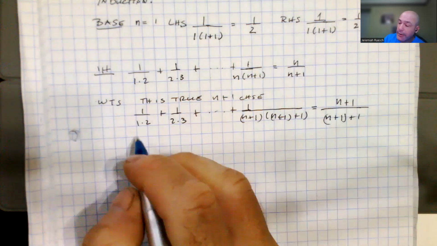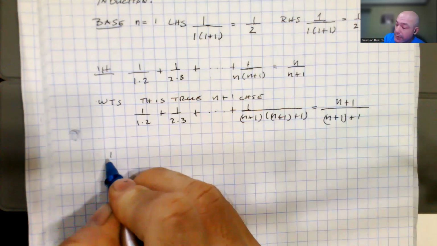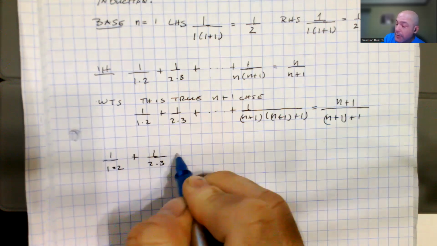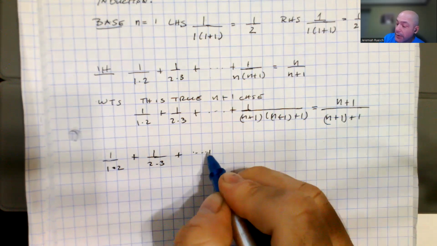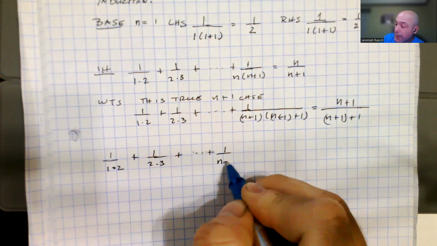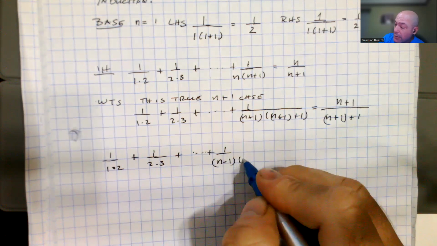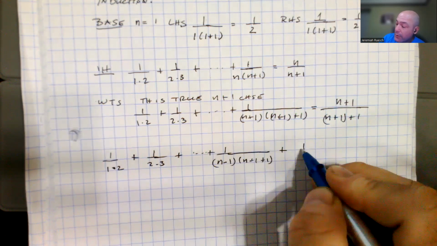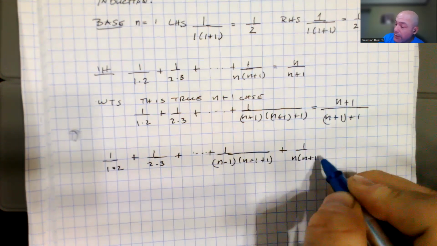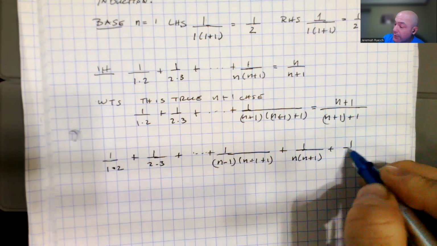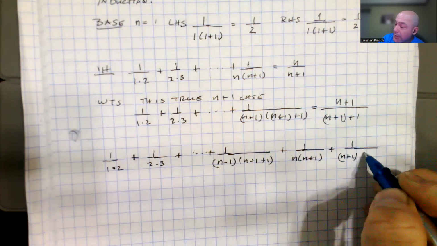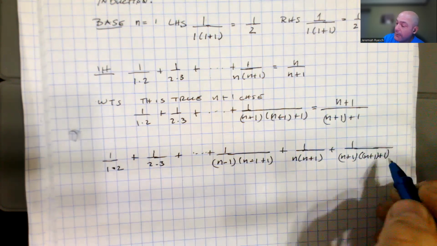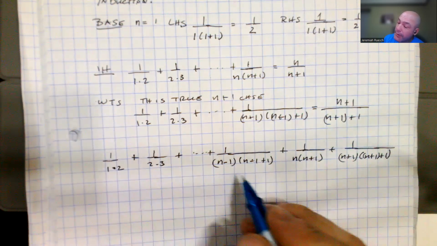Our original claim has 1 over 1 times 2 plus 1 over 2 times 3 plus on and on plus 1 over n times n plus 1, plus 1 over n plus 1 times n plus 1 plus 1. So this is what we have.